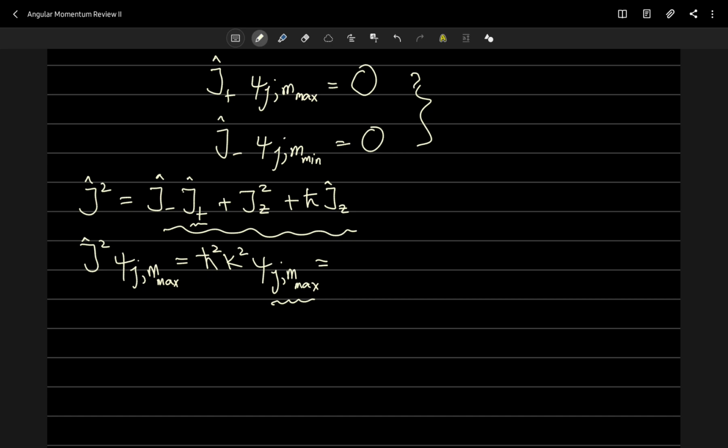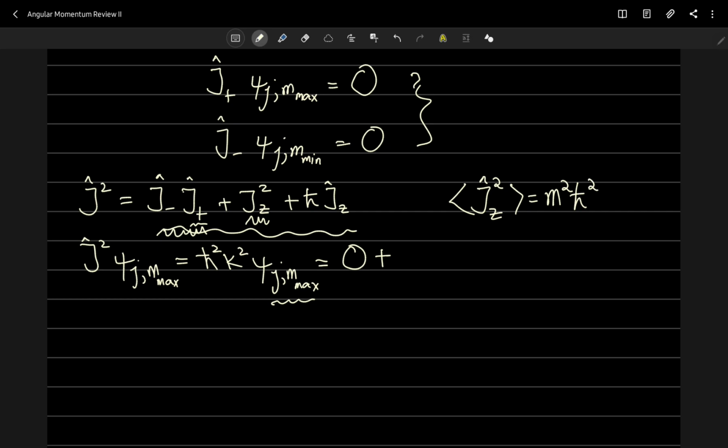So this first term acting on psi j m max gives us 0. Then we have plus jz squared acting on psi jm. We know the jz squared expectation value is simply m squared h bar squared.